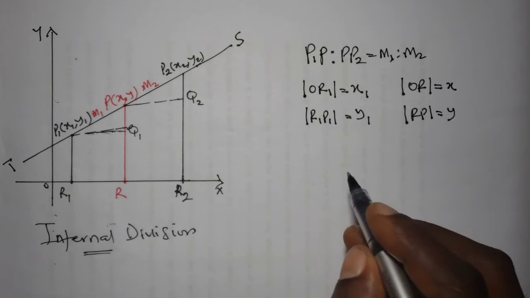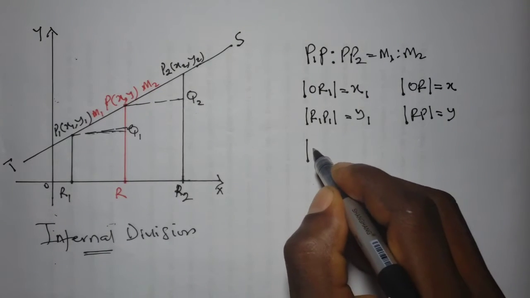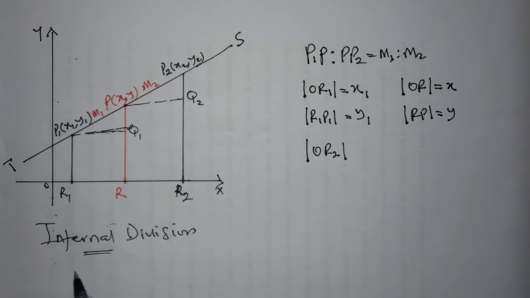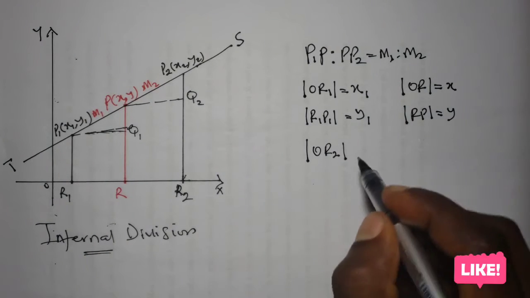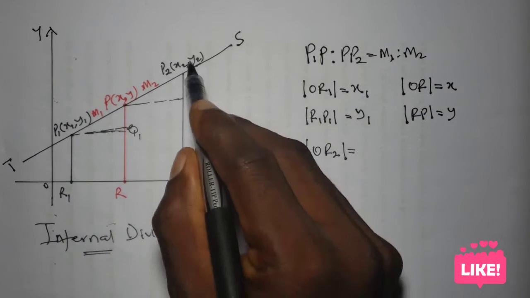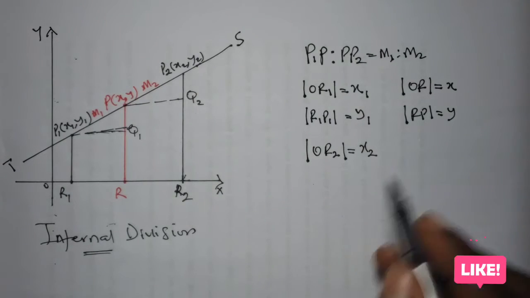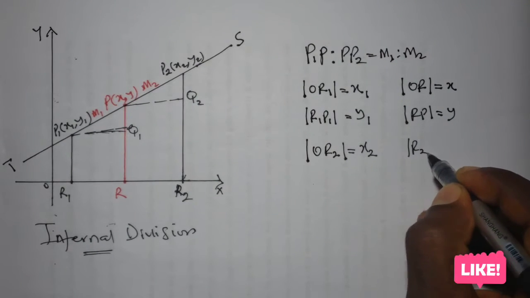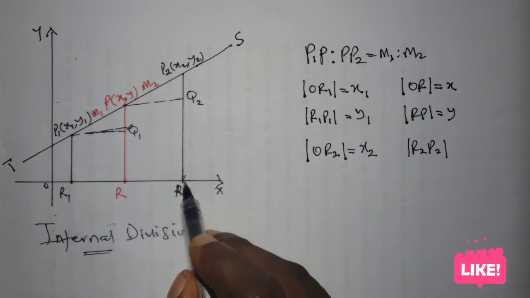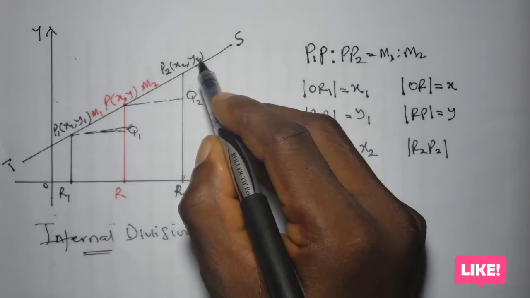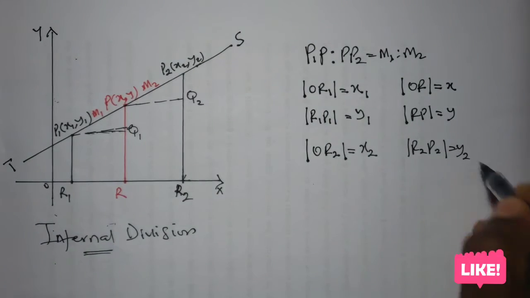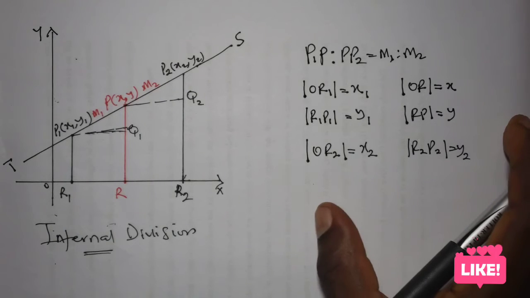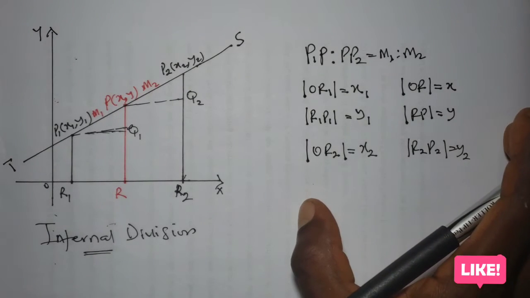And lastly, line OR2 has x coordinate x2, and line R2P2 has y coordinate y2. So we take note of this relationship.